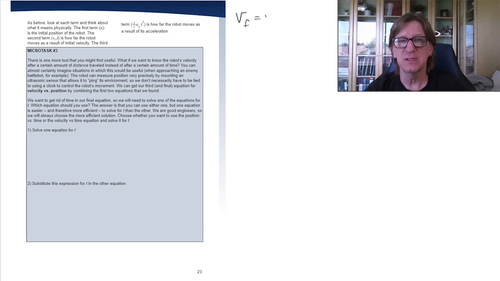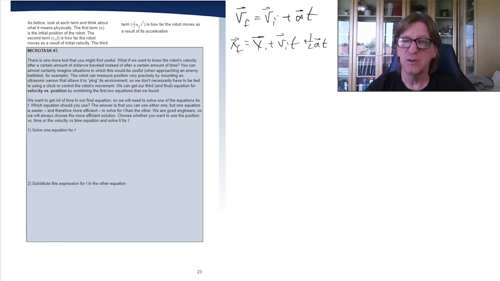So that's going to be velocity final equals velocity initial plus my acceleration times time. And you hopefully made a flipbook page for that, right? Now, you should make a flipbook page for your next one as well for our position versus time. And if you want me to look at what your flipbook page looks like and give you some feedback, I'm happy to do that.